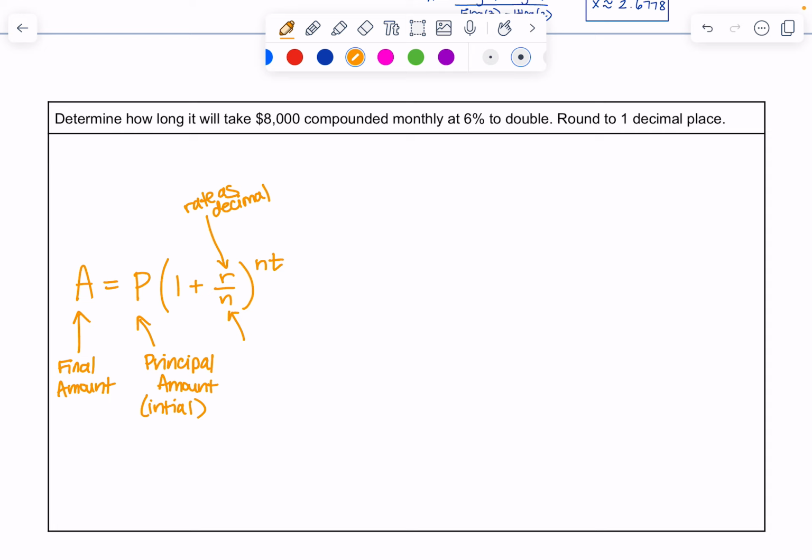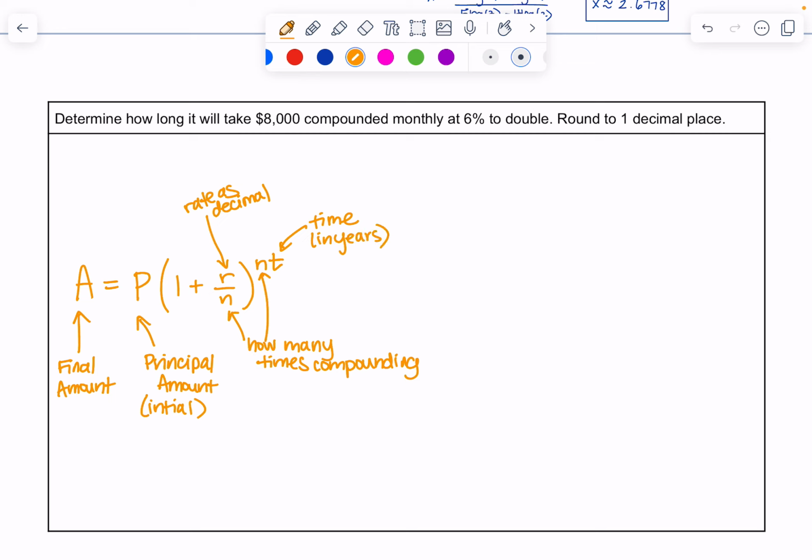N is how many times we're compounding. Okay, and there's an N here as well. So both those are the same N. And then T is the time in years.